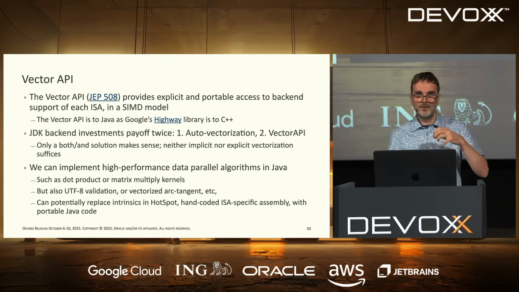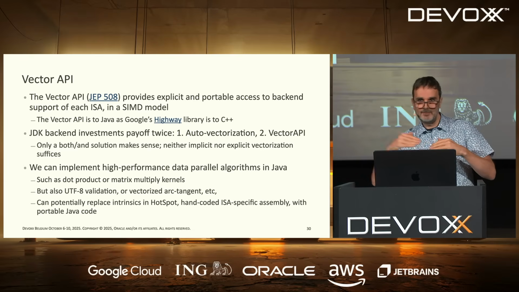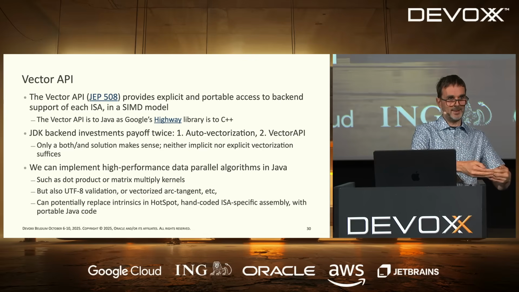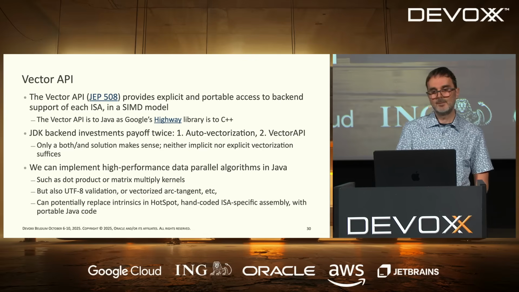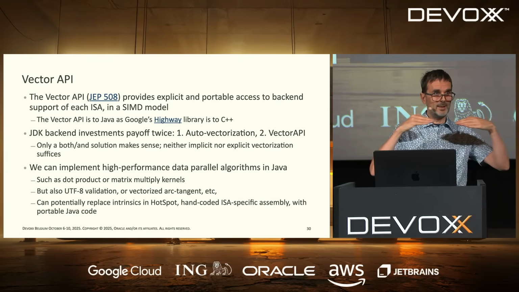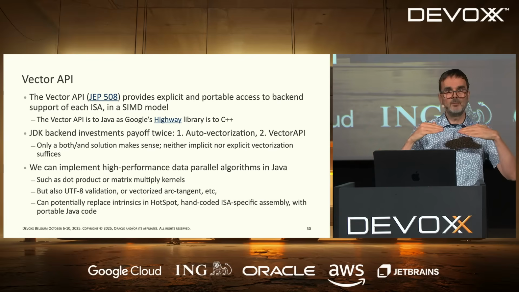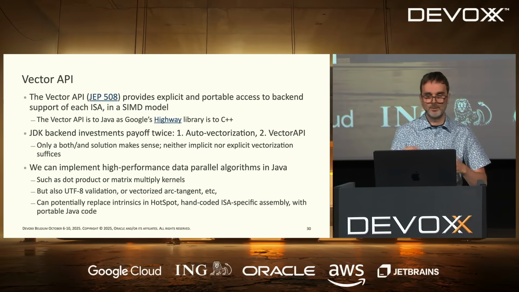You're not coding into an implicit SIMD model and guiding the JIT what to do; you're being very explicit and telling the JIT what to do. It's very similar to Google's Highway library in C++. A key thing is the back-end investment we've done here pays off twice. The auto-vectorization and the Vector API share the same common back end, and both make sense; either or does not, depending on what you want to do.